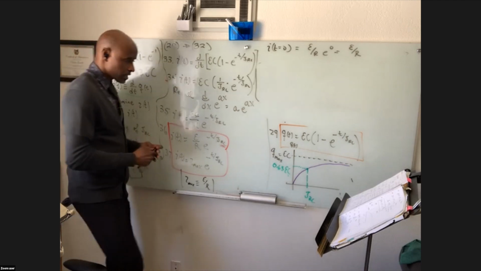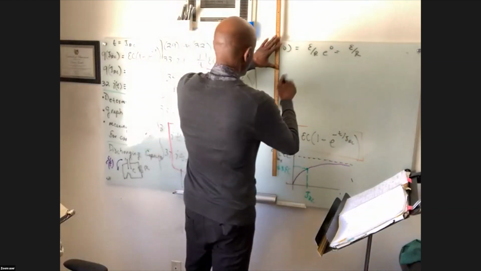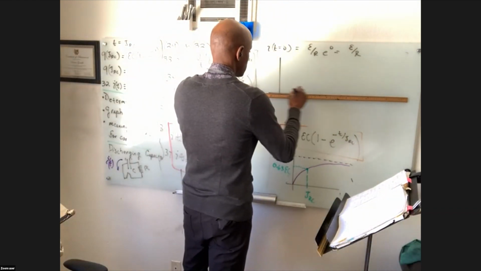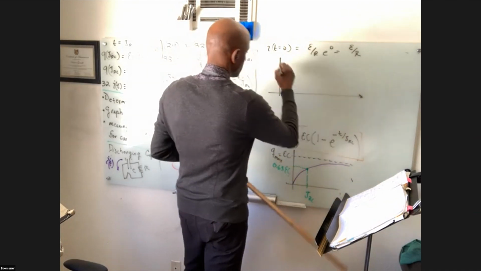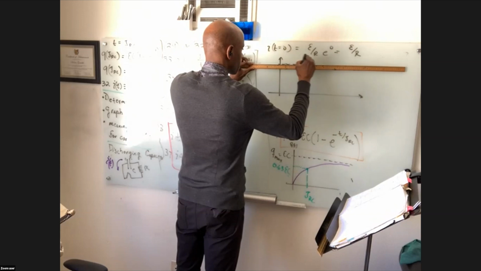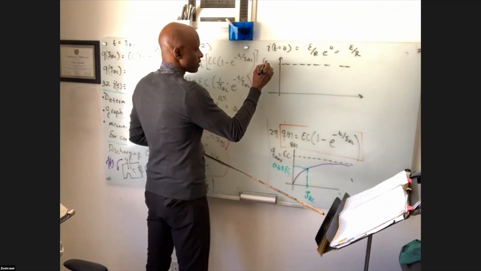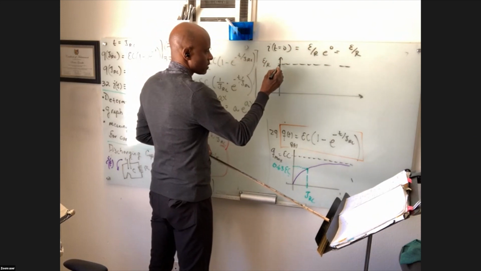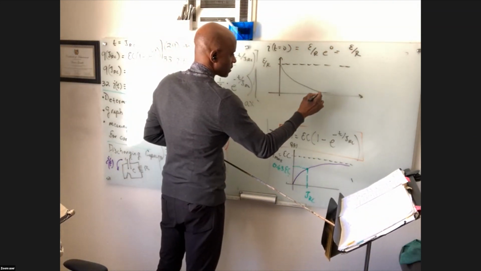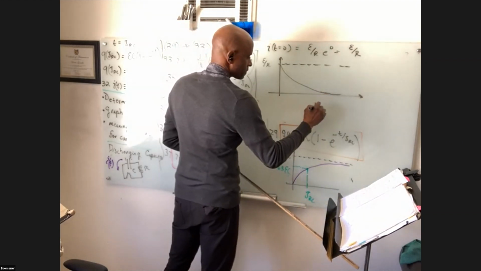So if you were to sketch a graph of this, the maximum current is here, and the current dies off exponentially. This is time.